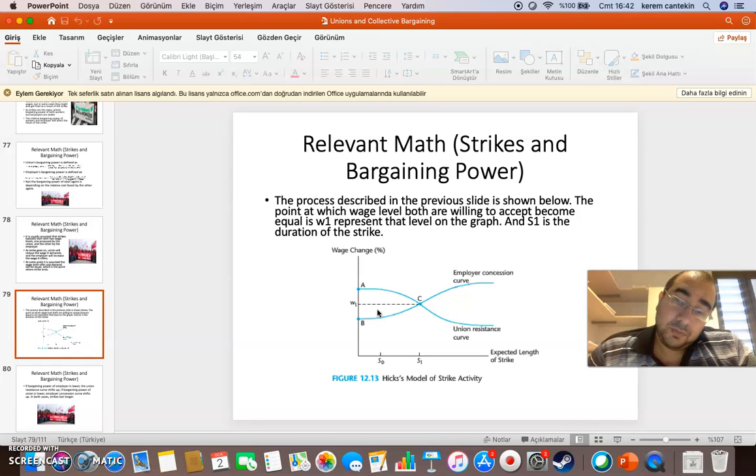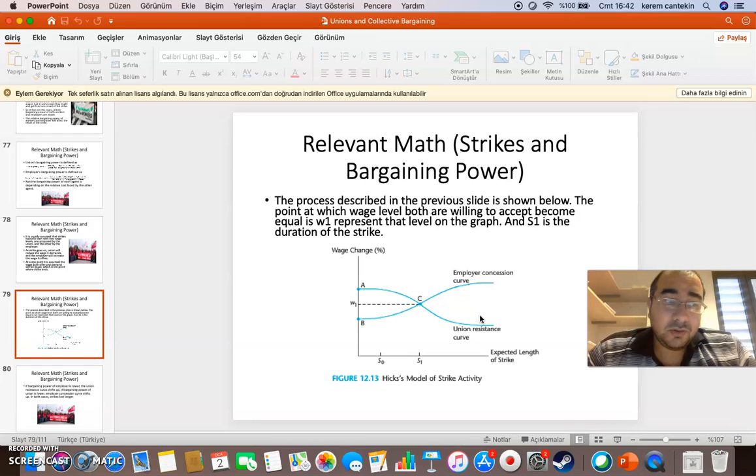Well, theoretically, it's possible for the union and the employer to guess where the strike will end up and come to agreement at that point. But the more power they believe they have over each other, the more they might trust they can end up at a higher point than the counterpart is willing to agree on, and the longer the strike might last.